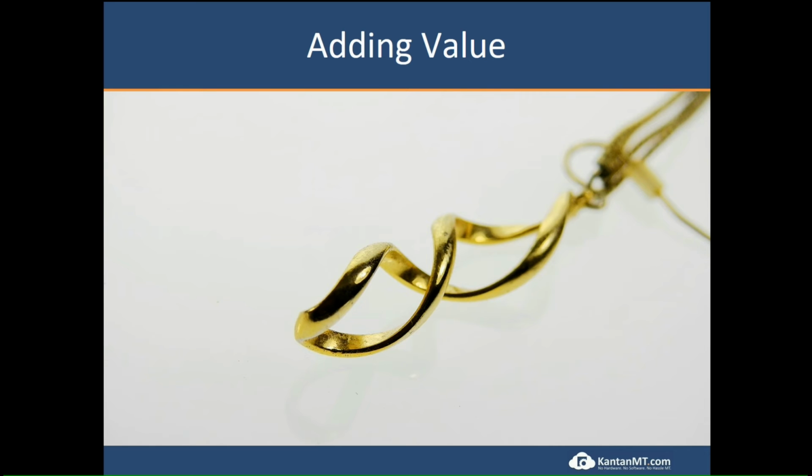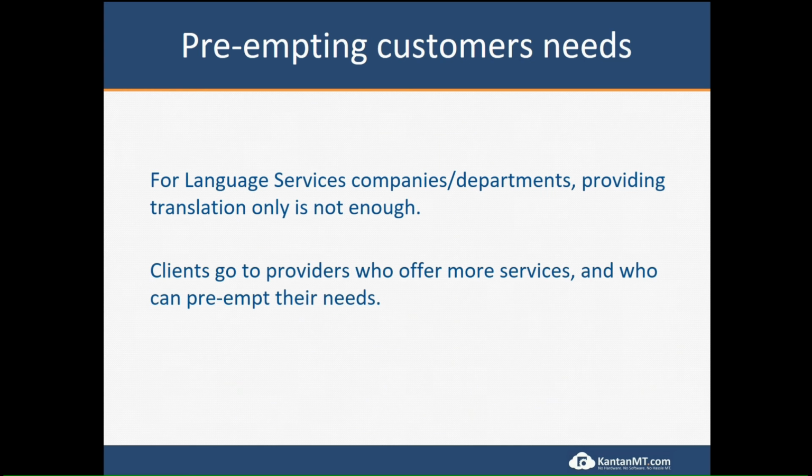What we want to talk about today is really about adding value to your KantanMT engines. Since you pay for a service and you may pay for a number of particular engines and words, how can you make as good use of this service as possible?